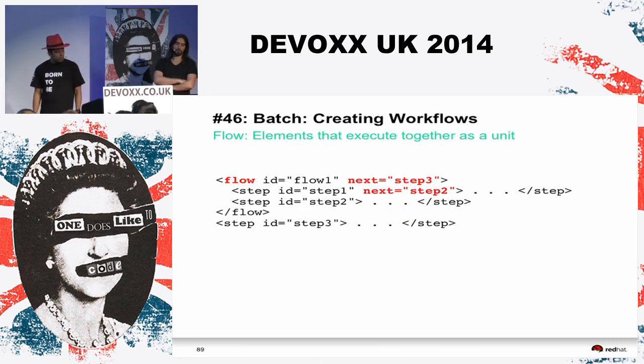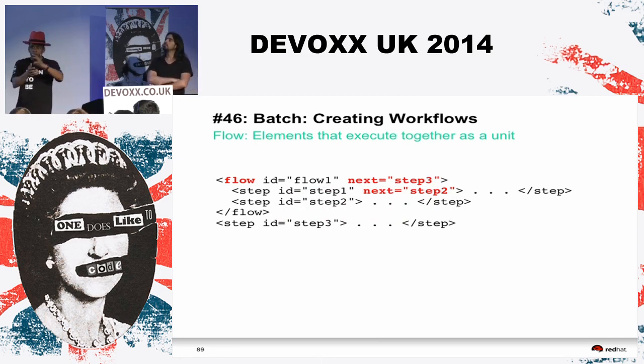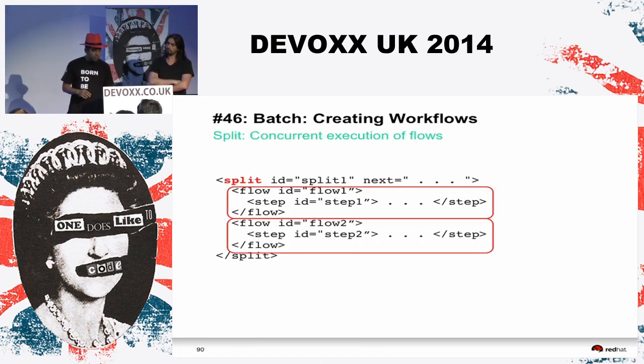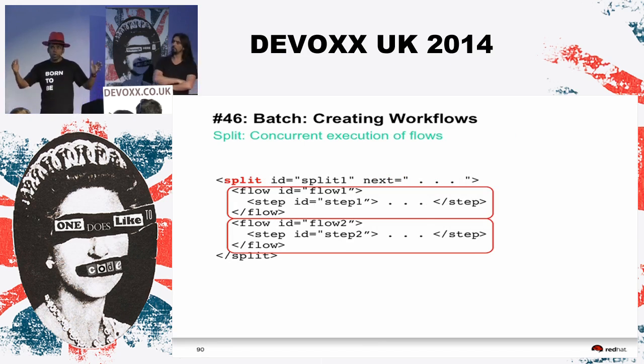Batch also allows you to create workflows. So you can say, I want a flow, and all the steps within a flow, I want them to execute, after which they go to the next flow. So you can start defining workflows within your batch XML, not fully extensive, but somewhat. You can also split flows to run concurrently.